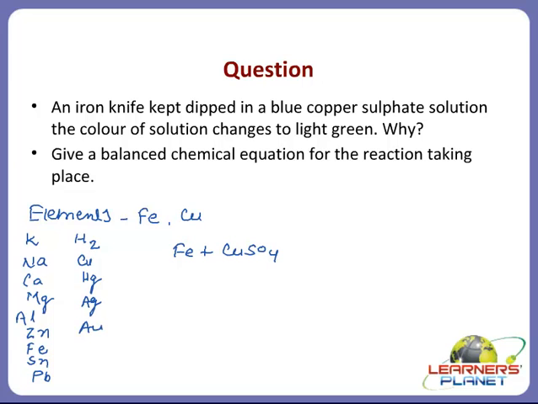Iron being more reactive will displace copper from copper sulfate solution, forming ferrous sulfate solution. Ferrous sulfate is FeSO4, or it can also be written as iron(II) sulfate. This iron(II) sulfate is a greenish solution.